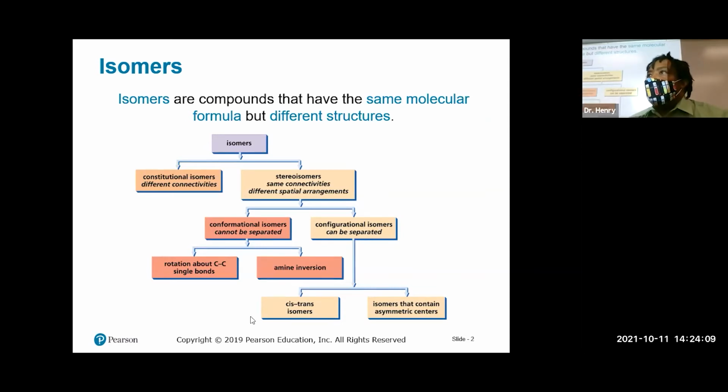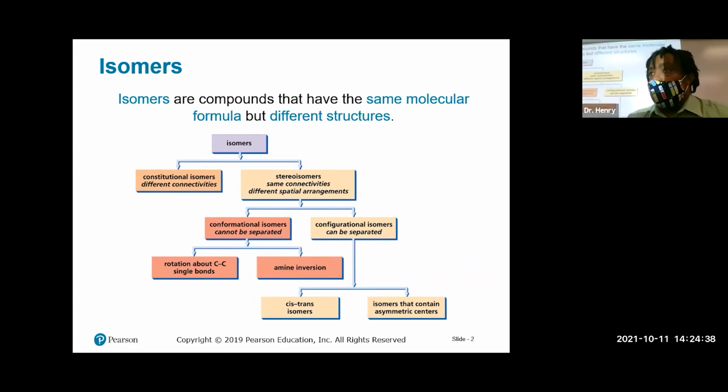Okay, so the conformational isomers that can't be separated are going to be able to rotate around a single bond, so you're able to get that rotation, or you're going to end up with an amine inversion, meaning that it's on another side of the amine, so you don't have the attachments the same. So you have one over here, and then you have one over here on the isomer.